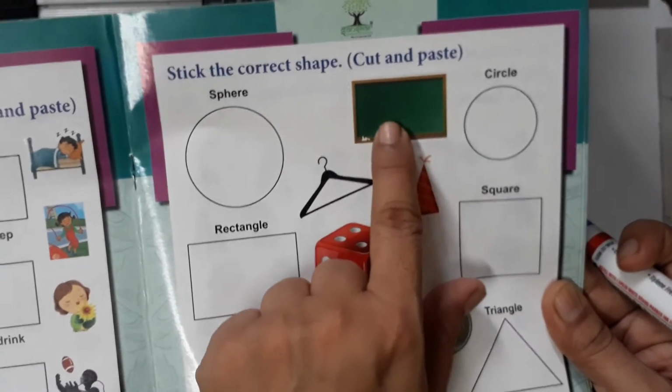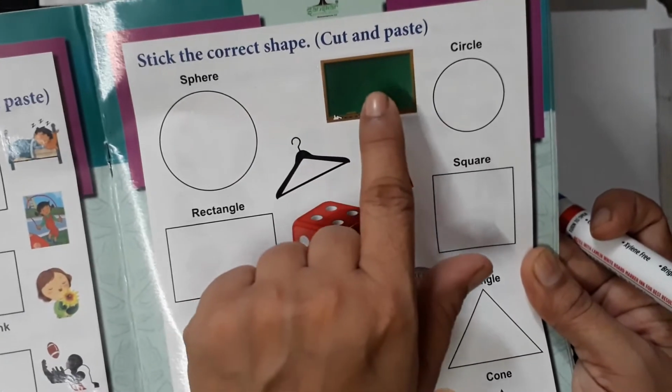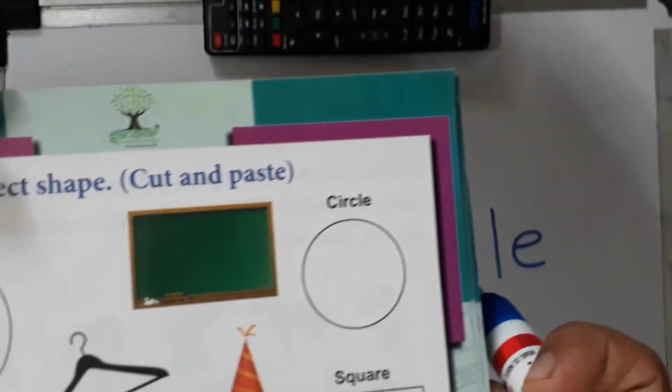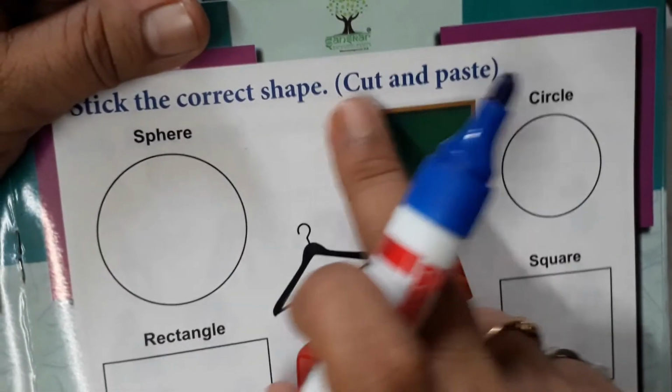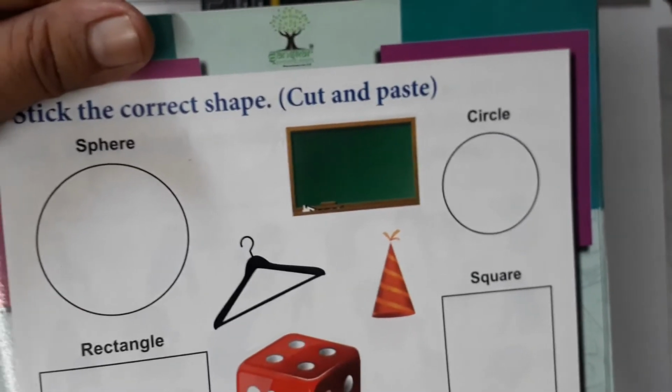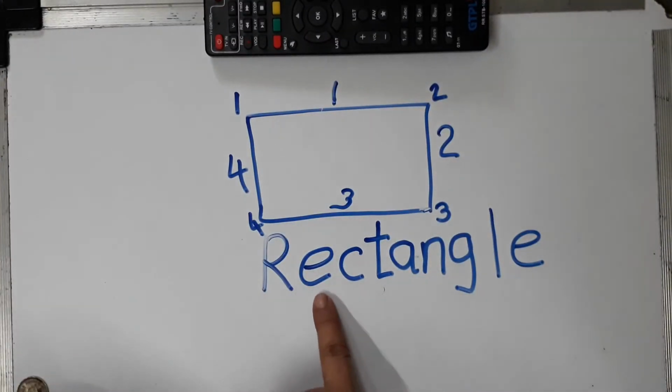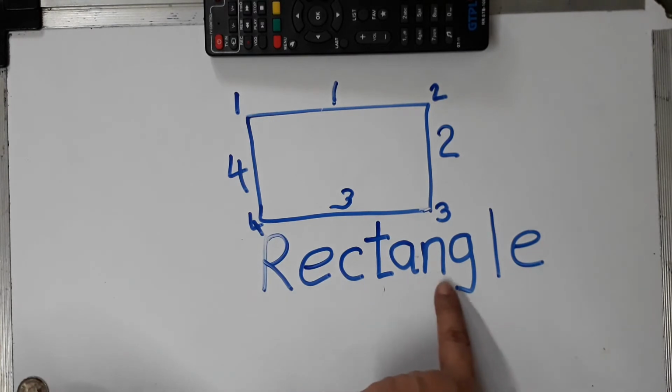It is a green colored board on which the teacher writes. So it is a rectangle shape. R E C T A N G L E, rectangle.